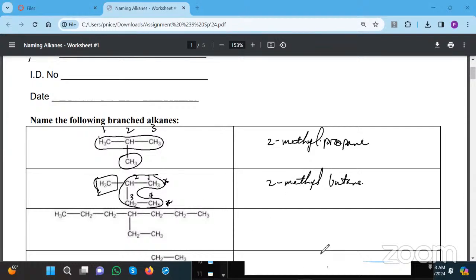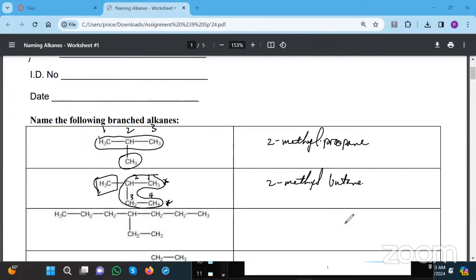All right. Let's look at the third one. So my question to you is, what's the parent name based on the longest chain of carbon atoms you can identify in this molecule? Okay, somebody answered.